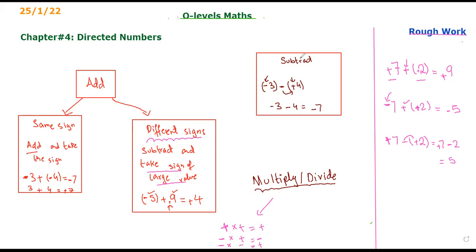These rules are the same for both. Plus into plus is plus, plus into minus is minus, minus into minus is plus, and obviously minus into plus would also be minus. Is it okay?